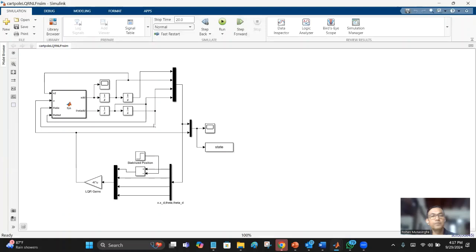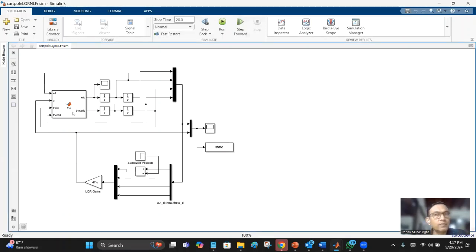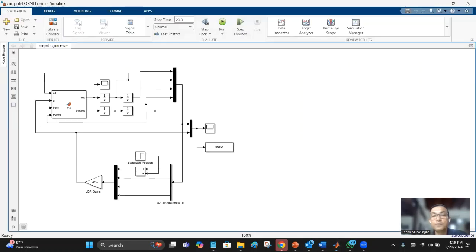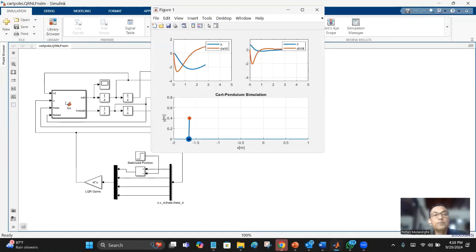Now, this is the nonlinear model. So if I open this up, you will see the functions, right? It's not opening because the simulation is running.